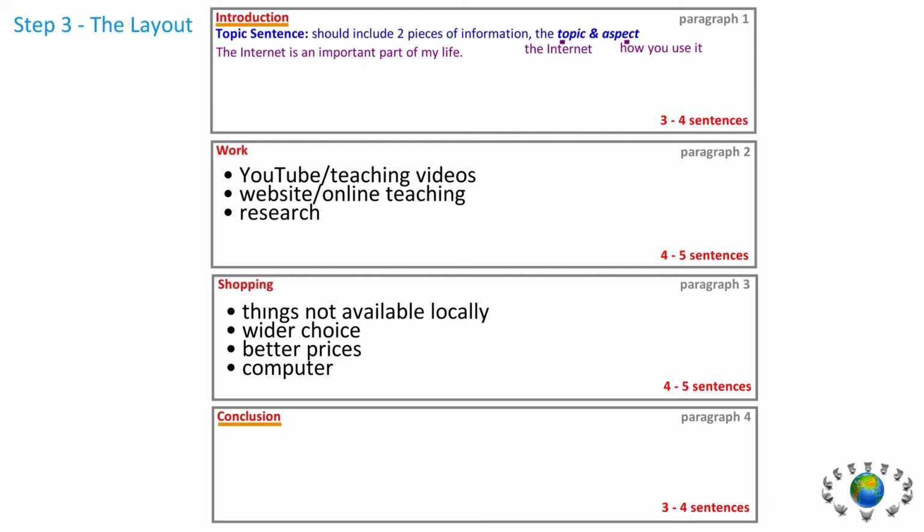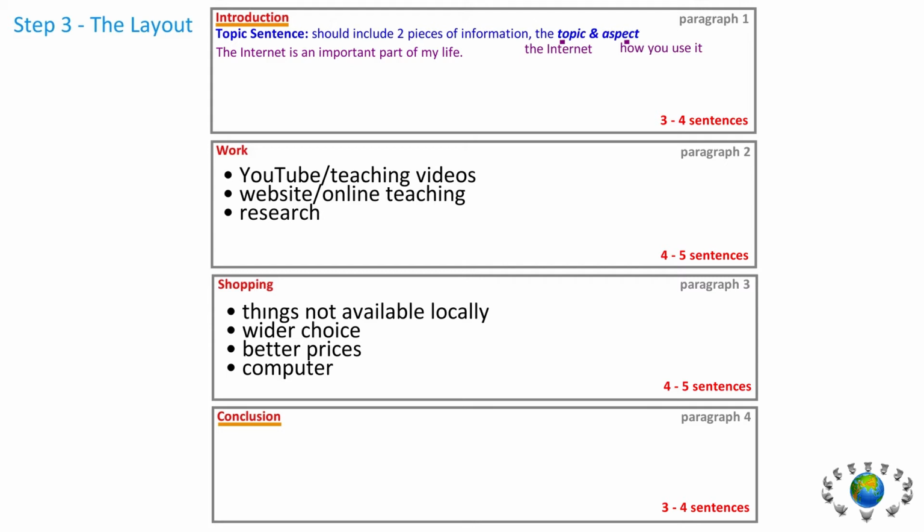You also want to have 3 or 4 sentences for your last paragraph. I write them down on the layout to help me remember. All right, so you can see on the right, I have 3 or 4 sentences for the introduction, and also 3 or 4 sentences for the conclusion.